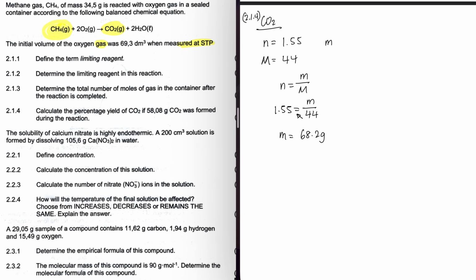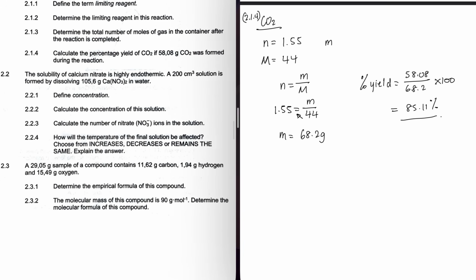And then you can calculate the percentage yield. The percentage yield is going to be how much you actually got. So they actually got 58.08. They were supposed to get 68.2, times 100. So that's equal to 85.11%.